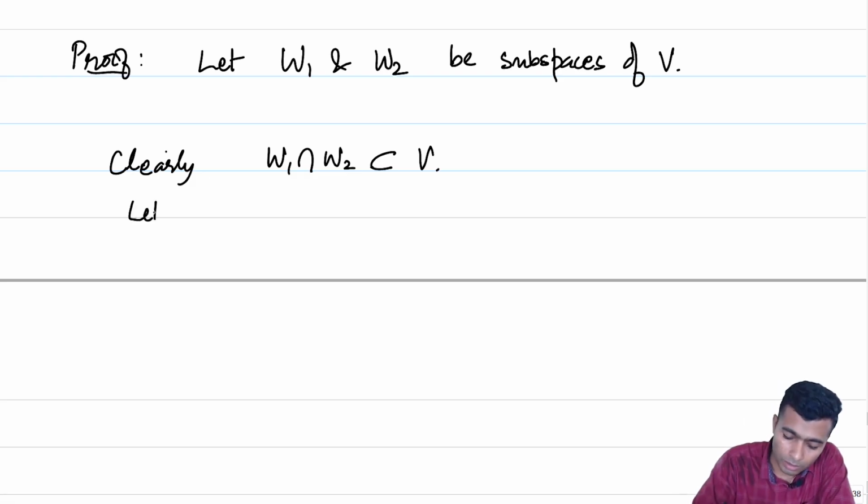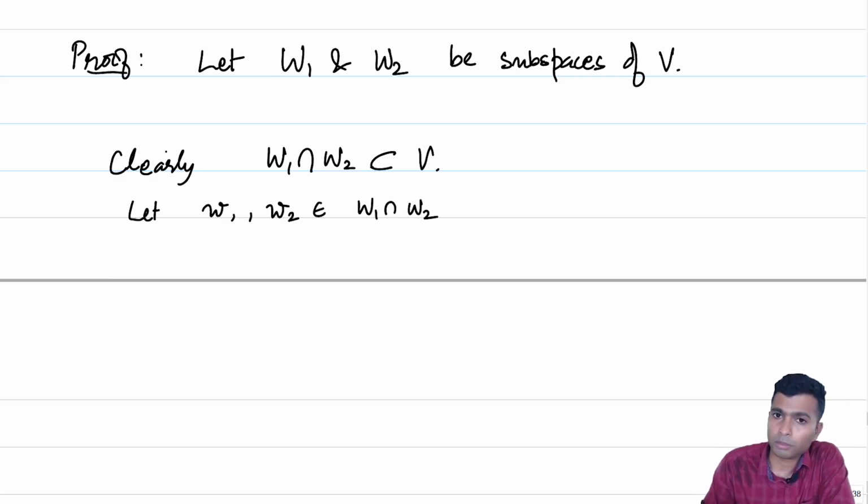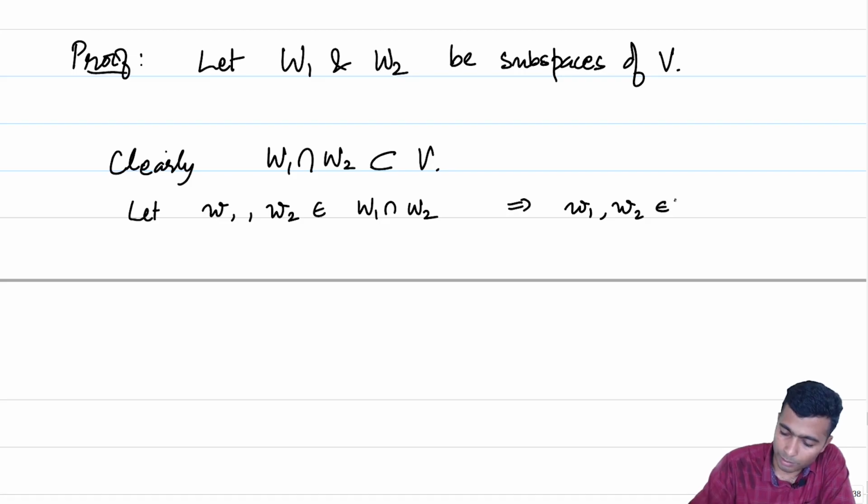So, let w1, w2 be in W1 intersected with W2, but both W1 and W2 are subspaces. This gives w1, w2 are in capital W1, and hence w1 plus w2 is in capital W1.